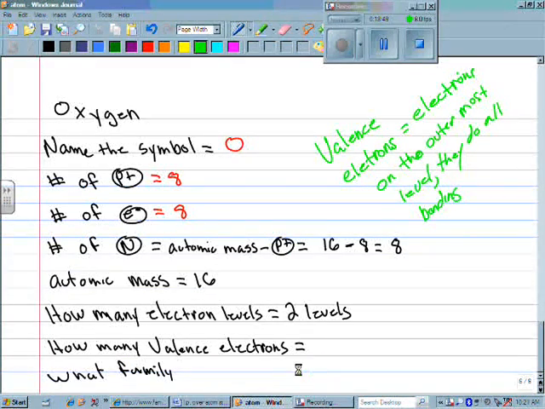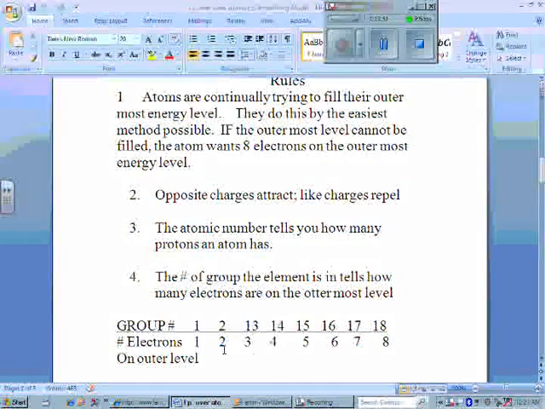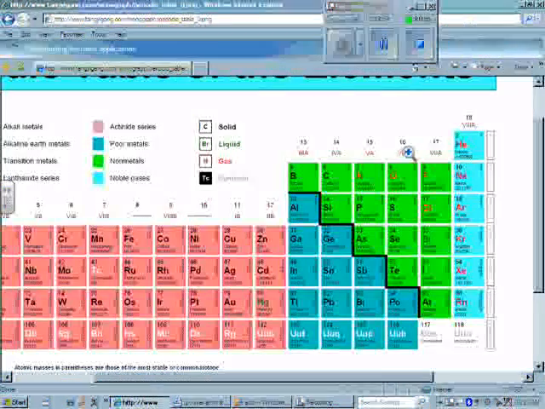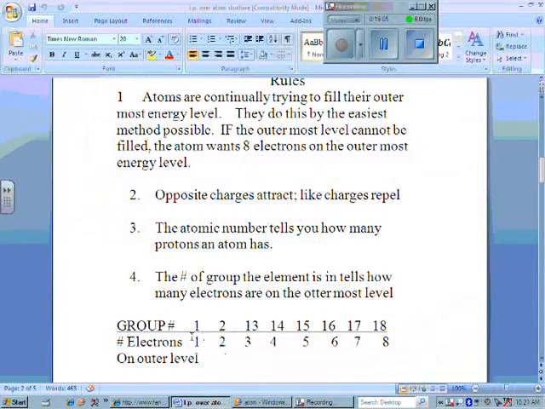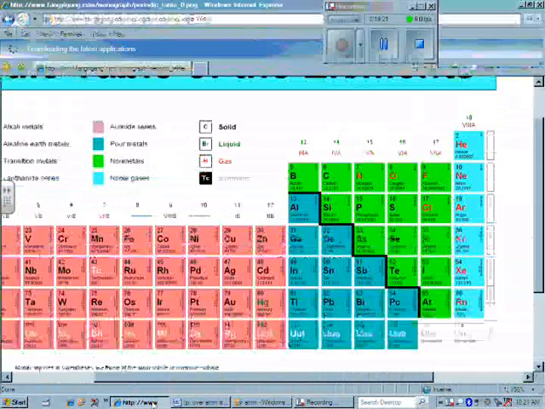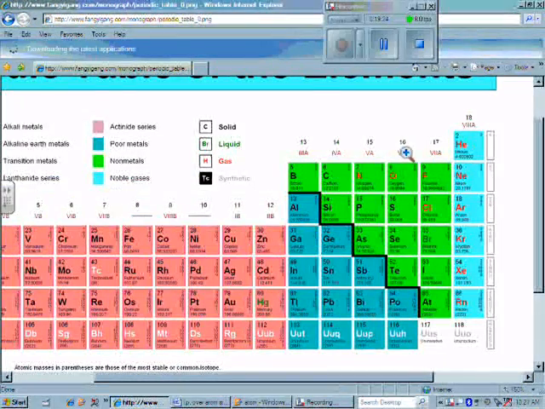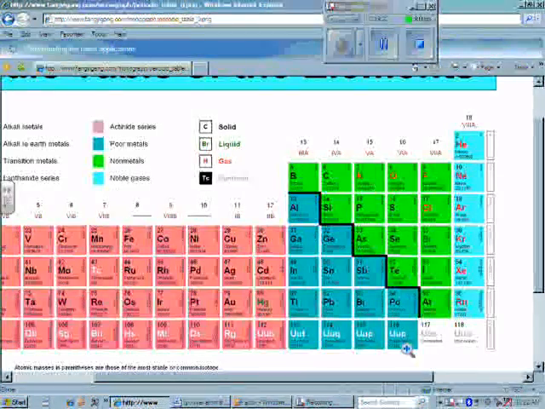So now I have to go back and find what group number it's in, or column. It's in column 16. Okay. But remember, you look, it goes 1, 2, then 13. And remember, I told you, you have to drop the 1. So if it's in column 13, it only has 3. It's in 14, it has 4. 15, 5. 16, 6. 17, 7. 18, 8. Okay? So that was in column 16, right here. Okay? All of these, thus, have only 6 valence electrons.